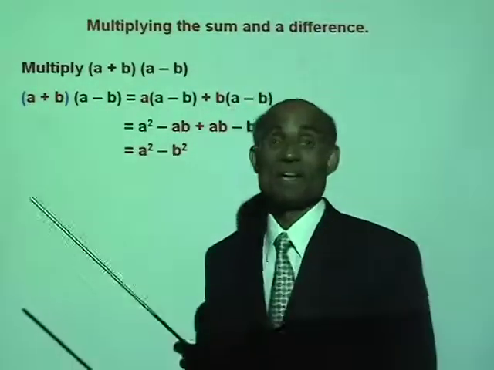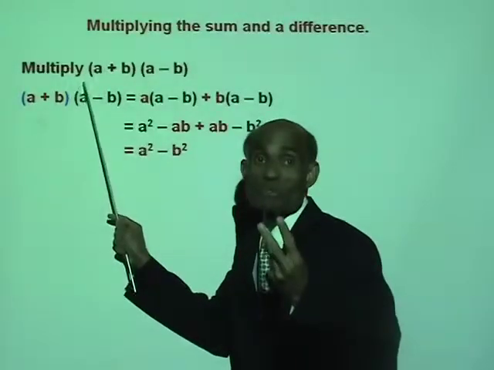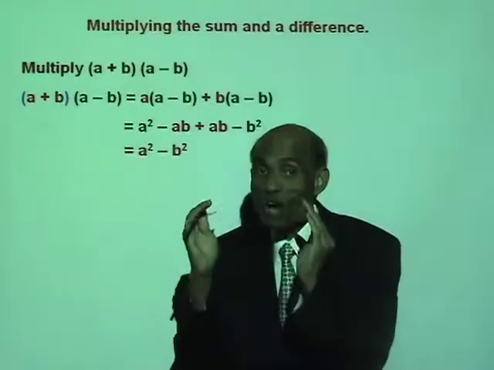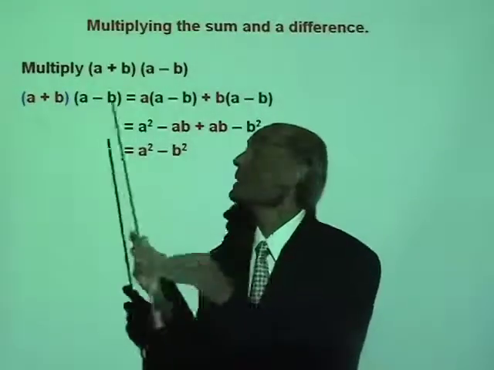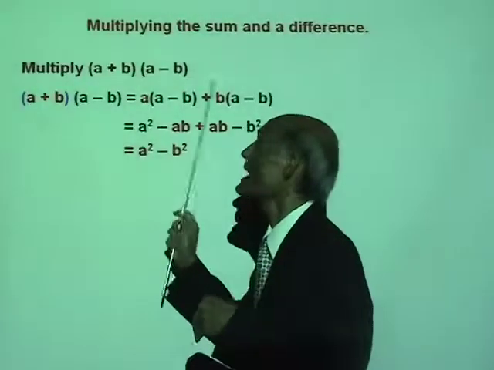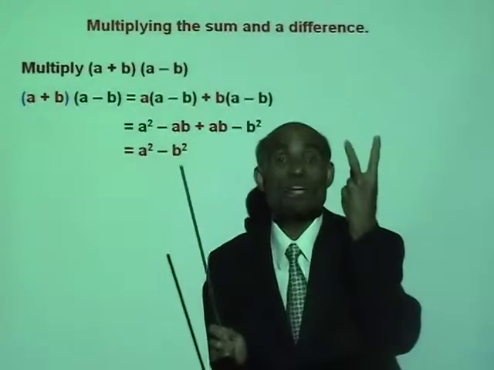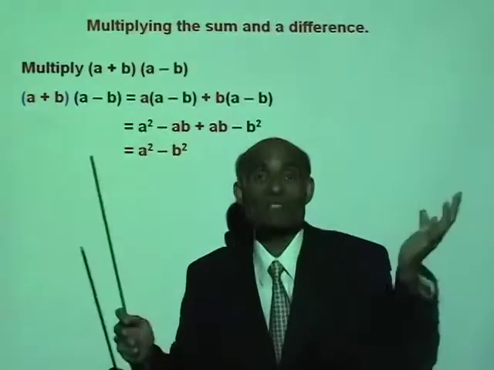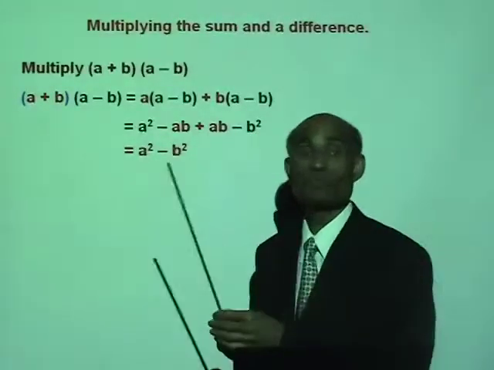That means the sum of two numbers, a plus b, multiplied by the difference of the same two numbers, a plus b times a minus b, has only two terms. Why? The middle terms simply cancel. What are the two terms?